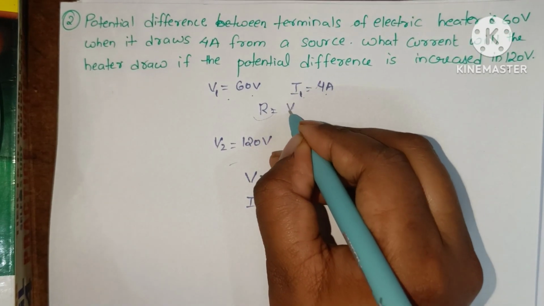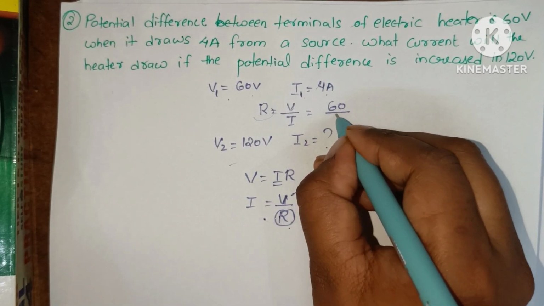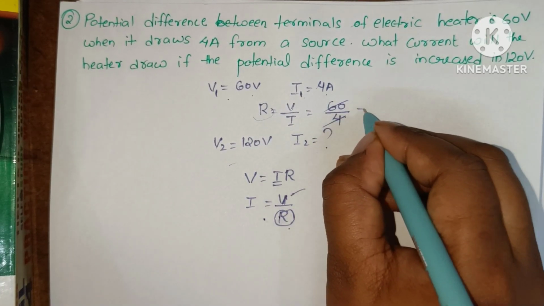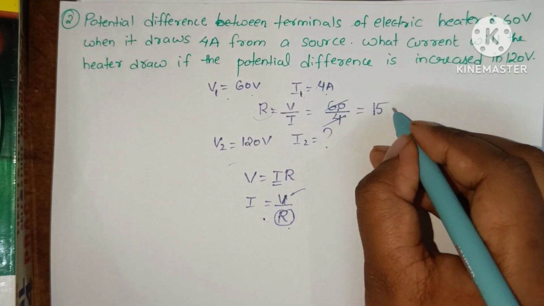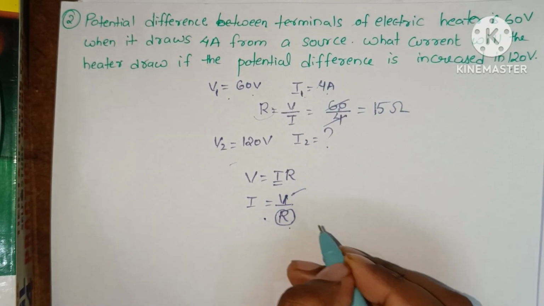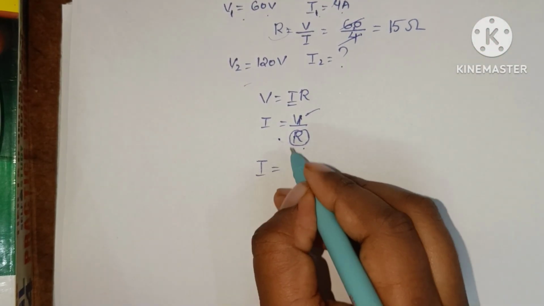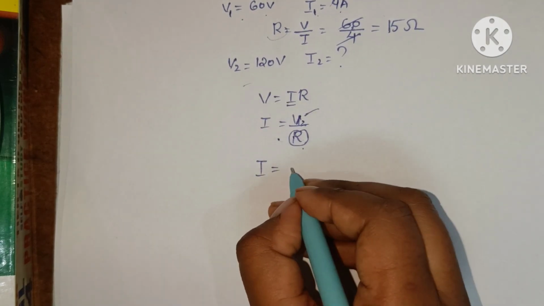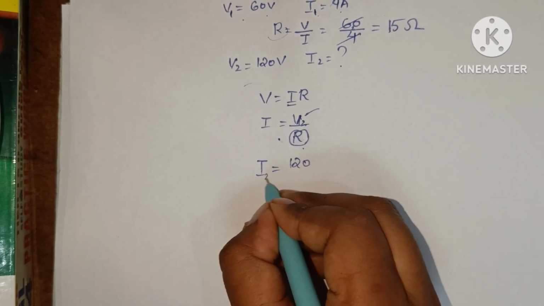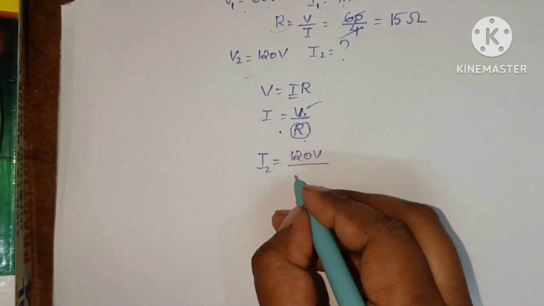R equal to V by I. V is 60, I is 4, so 15 ohms is the resistance. So you can use this resistance value here. I equal to V2 by R. V2 is 120 volt, by R which you got as 15.